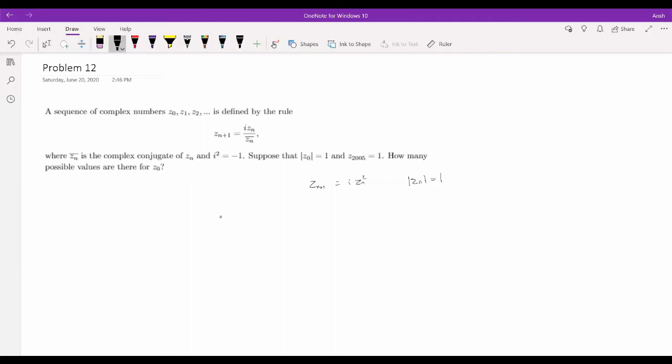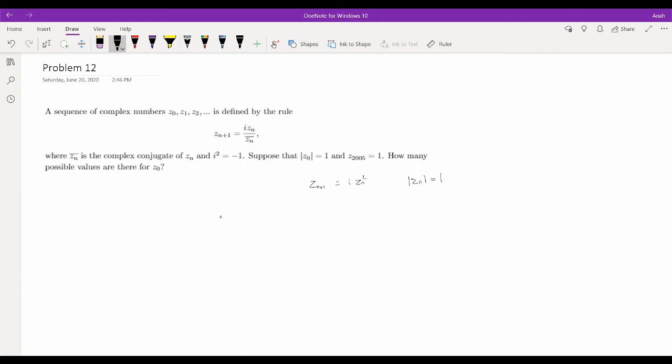This is something we hypothesized earlier, since we saw that z of 2005 was equal to 1, but we just confirmed it with our algebraic manipulation. Now we have our new rule that z of n plus 1 equals i times z of n squared.